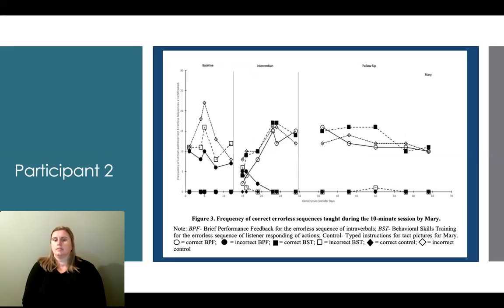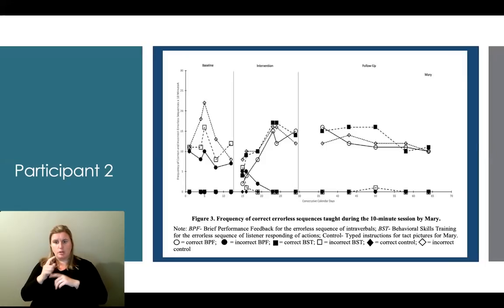For participant 2, which may look a little noisier, we're still seeing the same effect as with the first participant. With participant 2, we see that BST actually has a greater effect following first implementation.